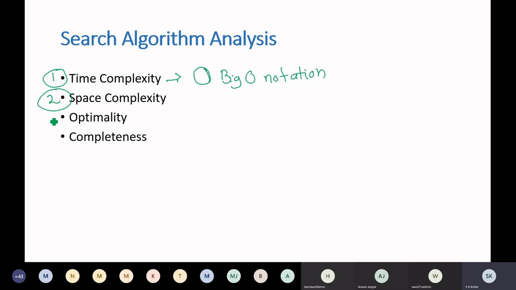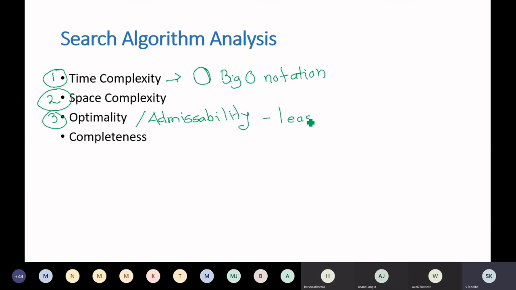The third parameter we are going to use to analyze search algorithms is optimality. That is also called admissibility. In some of the books you will find this as admissibility. So optimality refers to the ability of your program to find the least cost solution.